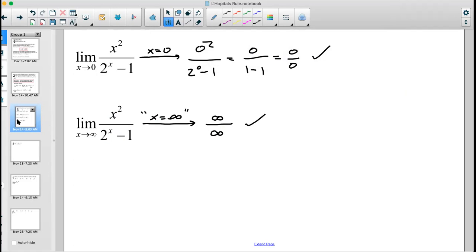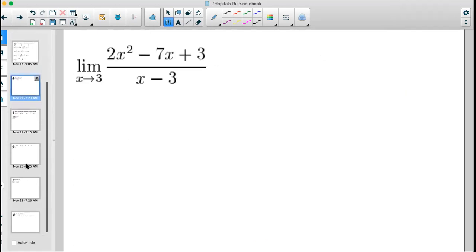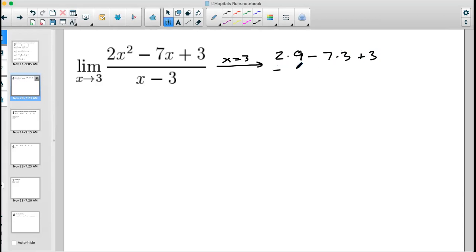So I'm going to start off with a pretty straightforward example, I think, which is just these two polynomials that are divided. It's a fraction. If I just plug in x equals 3, I get 2 times 9 minus 7 times 3 plus 3 over, I think it's pretty clear that the bottom here is 0.